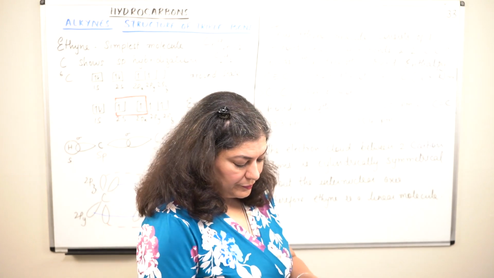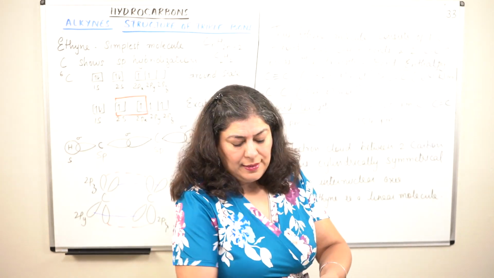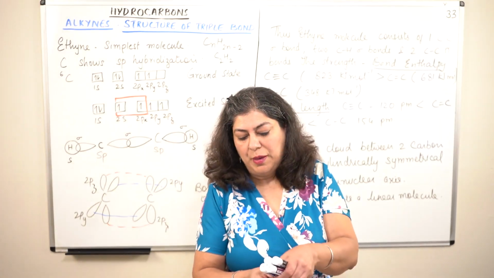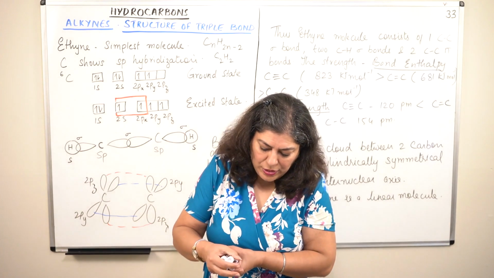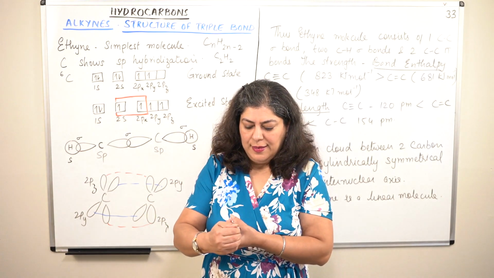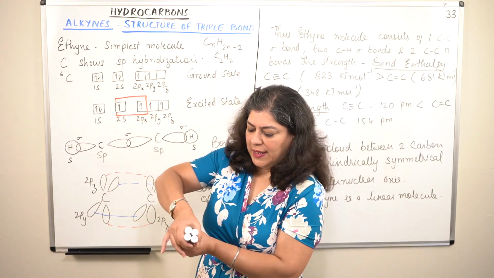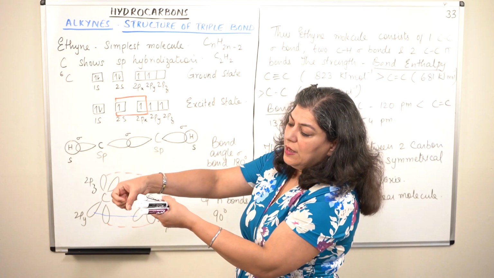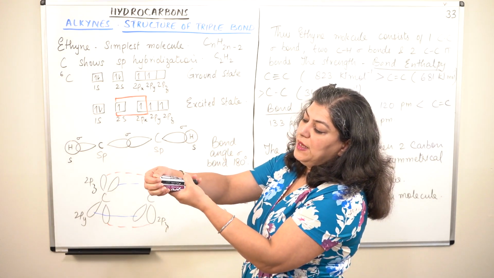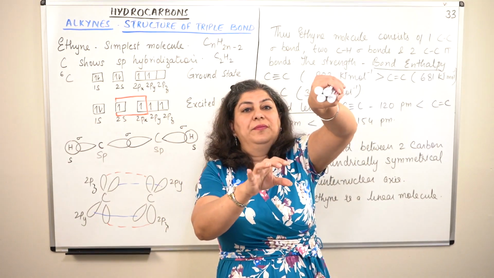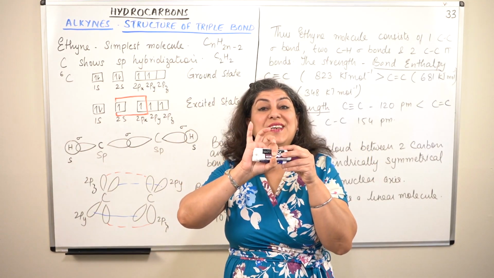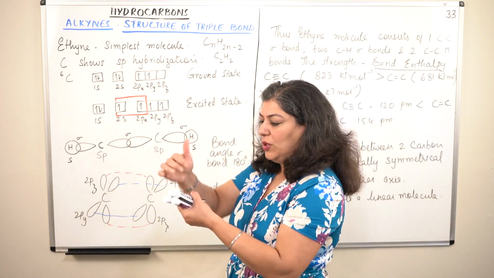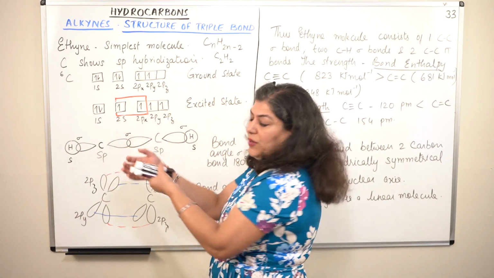Another thing, imagine that the one orbital in the center is of course forming the sigma bond. The others are perpendicular to each other, and let us imagine that they are forming the pi bonds like this: the upper lobe, lower lobe, upper lobe, lower lobe. So the whole molecule appears to be like a cylinder, but the molecule is straight. It is a cylindrical molecule. In the center there is a bond, and these lobes up and down, which are at 90 degrees, are surrounding the center.